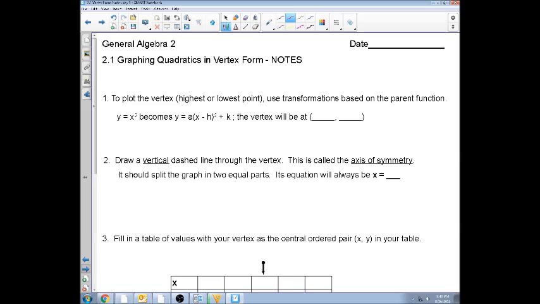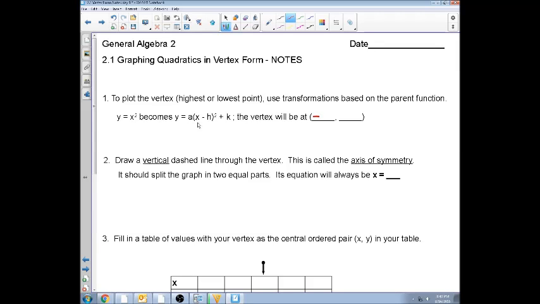If you remember from our transformation lesson, though, anything that is inside the parentheses, we will actually use the opposite. That is why that negative is there. That means x plus the opposite of h, or x minus h. Okay? So the vertex is going to come straight from that equation there. The first thing that we're going to use is the opposite of whatever h that we see.